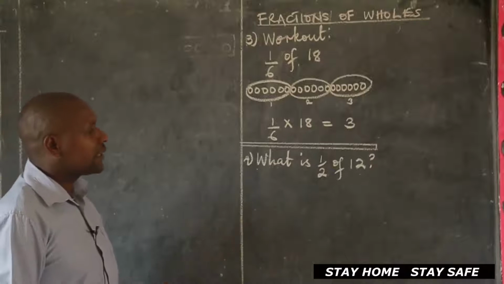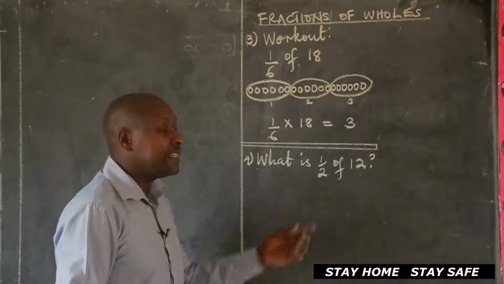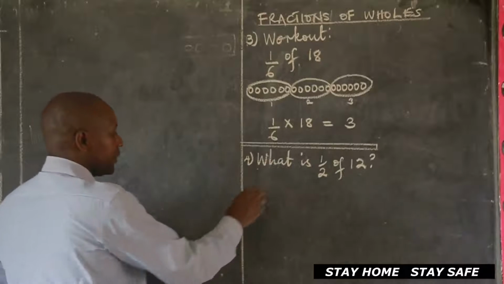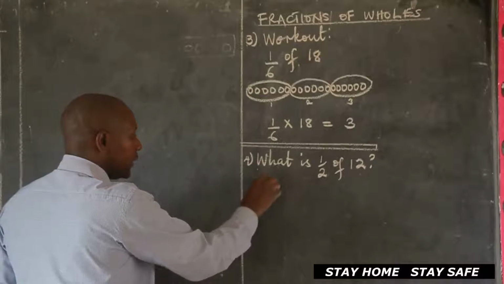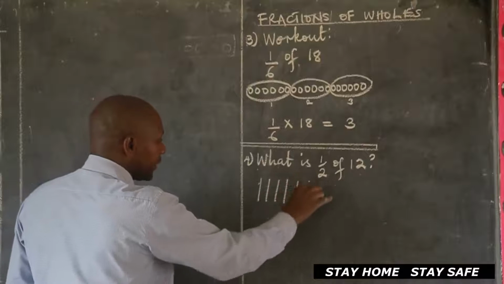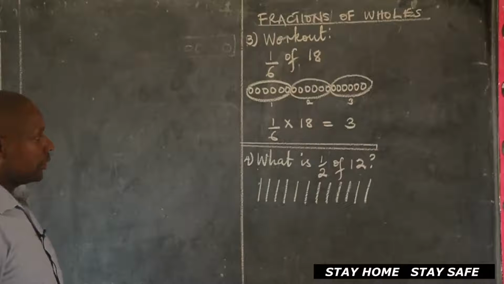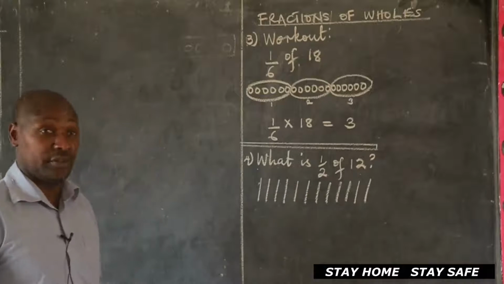A half of 12 means just have 12 objects. And these 12 objects, then you group them in 2s, okay? Assume we have our pencils, 12 of them. Just group them in 2s.